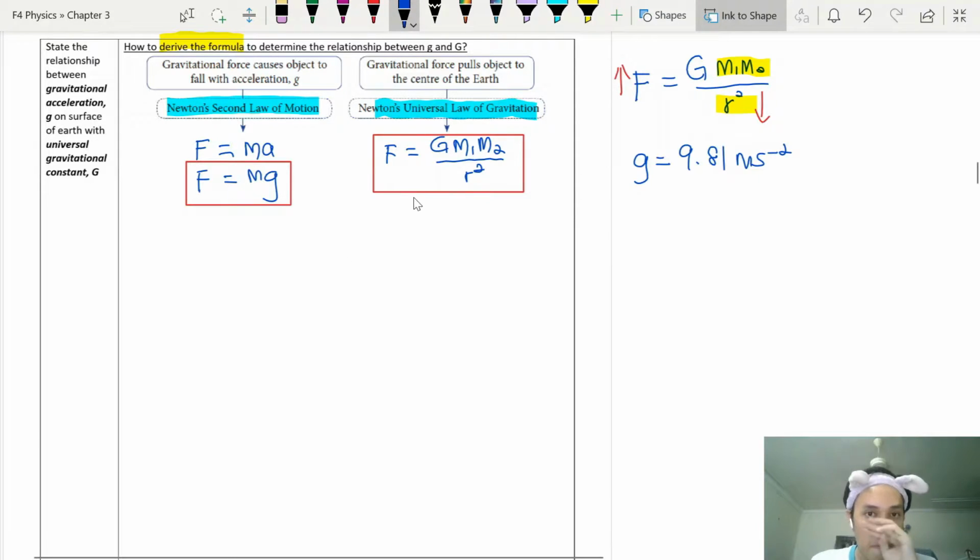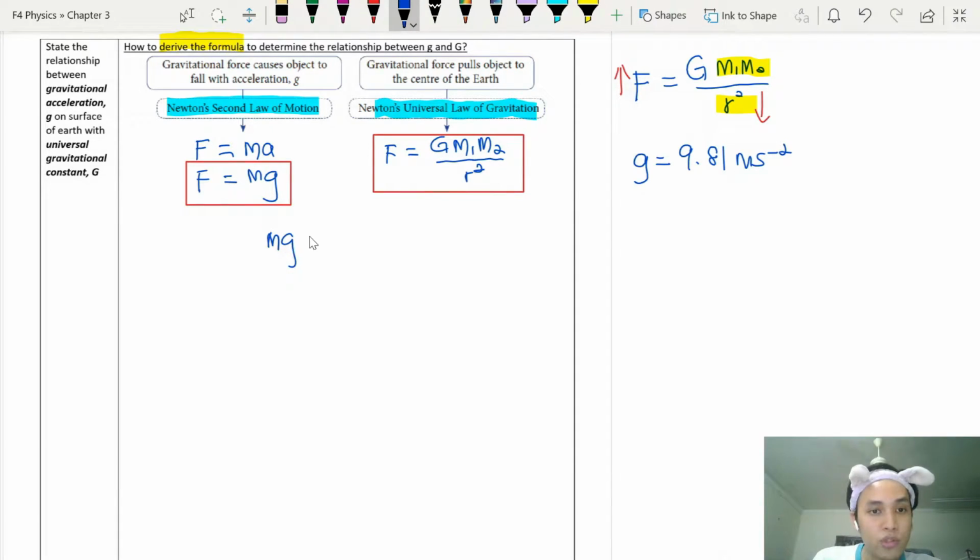Now we are going to equate these two equations. Since F is equal to this, and F is equal to this, mg is also equal to G m1 m2 divided by your distance, r squared.